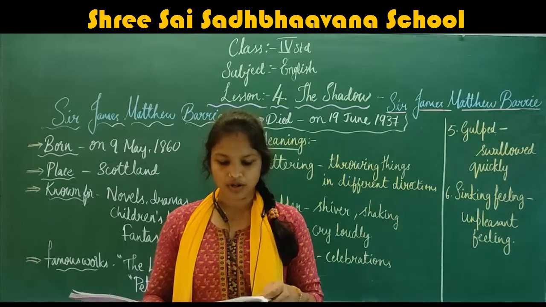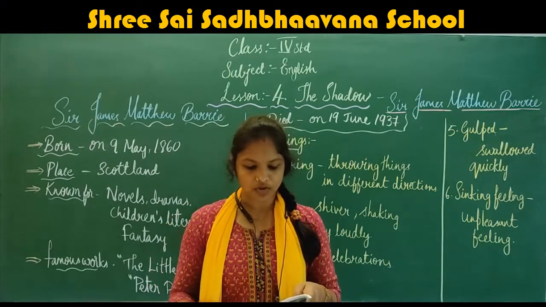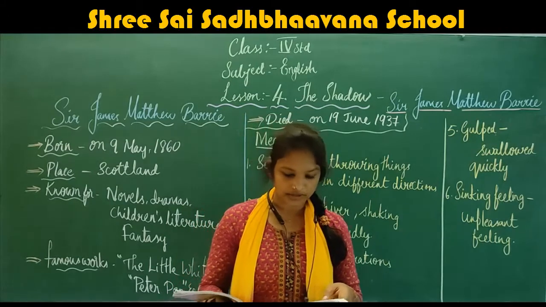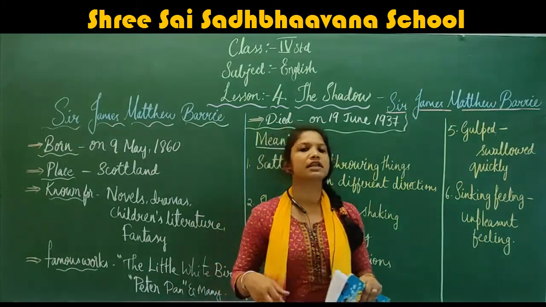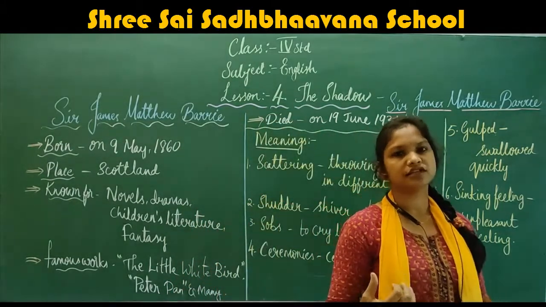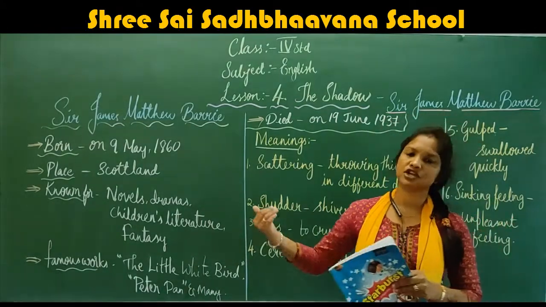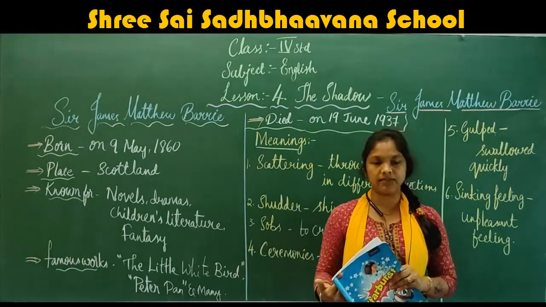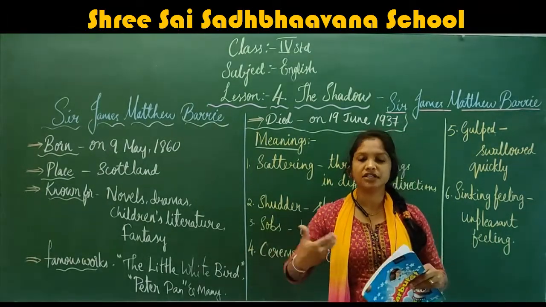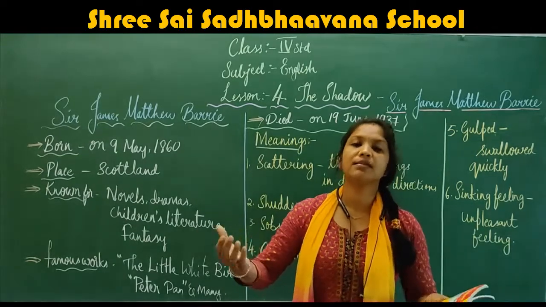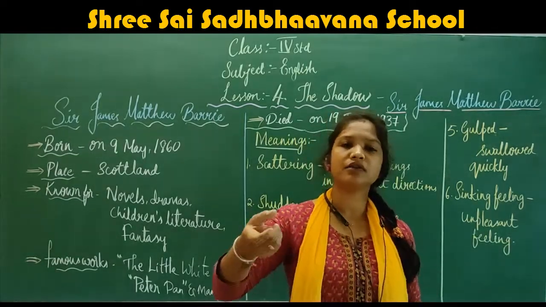Now, Peter had thought that he and his shadow, when brought near each other, would join like drops of water. Now, what did Peter think? When he found his shadow, he would be very happy and he would think that if his shadow was brought near him, the shadow would merge within him, like a drop of water.